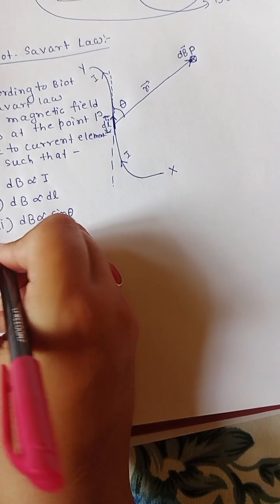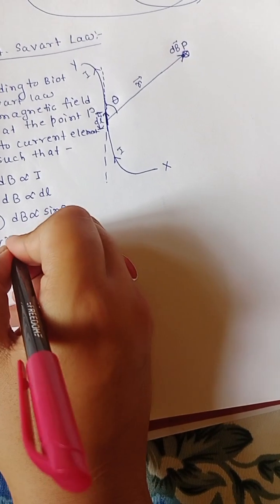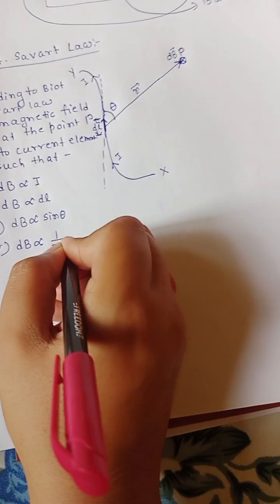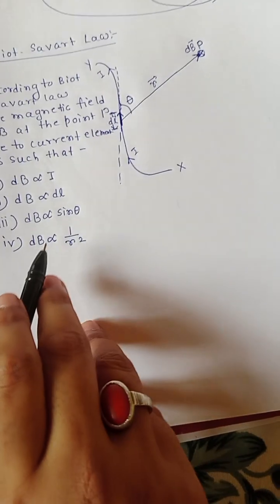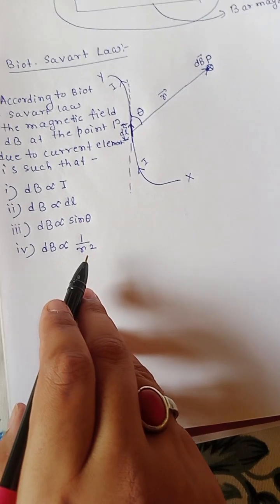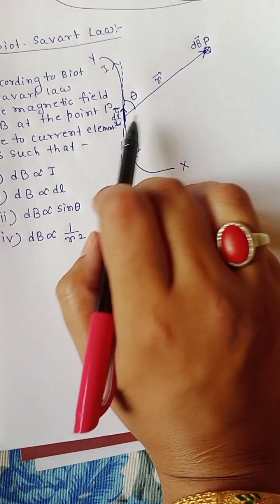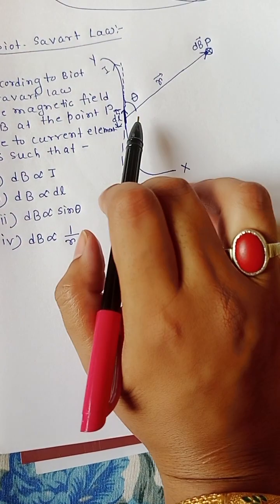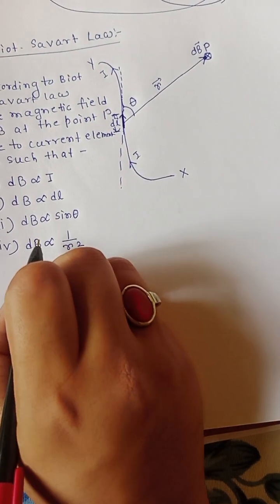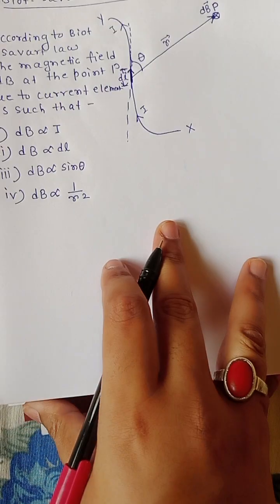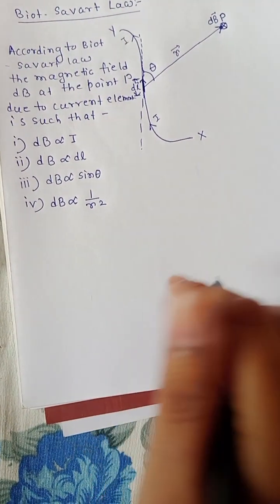And fourth, dB is also proportional to 1 by r square, inversely proportional to the square of the distance. Distance from the current element to the point P. So dB is inversely proportional to the square of the distance.